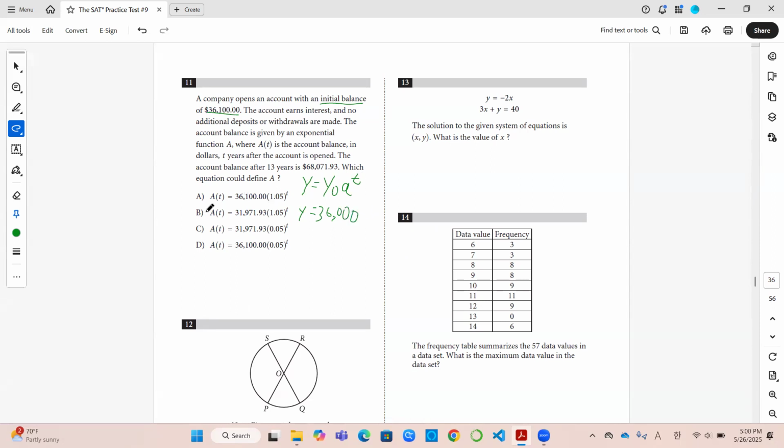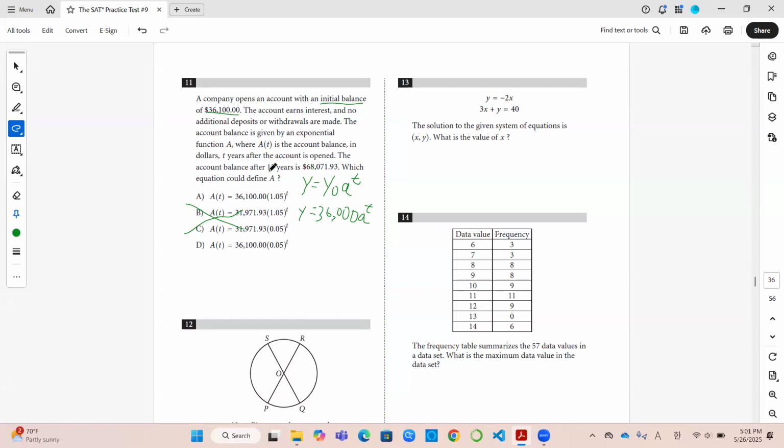Answer choices B and C are automatically canceled out because the initial value is not 36,100. And we'll put an a here to the power of t. Now I need to determine the number for a.